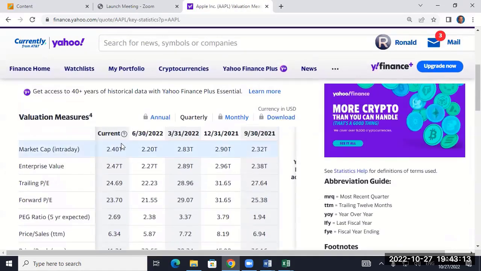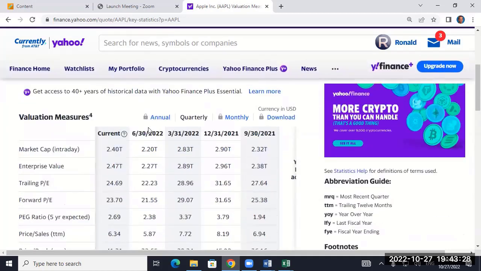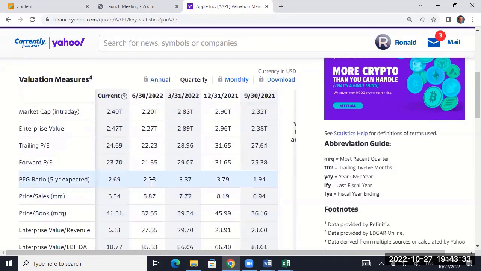I don't yet understand what Yahoo Finance is doing with this, because the PEG ratio especially can really look wild. I've seen it go from 2 to 15 or something. So I recommend using their last quarter number. It's strange, but let's do the 2.38.